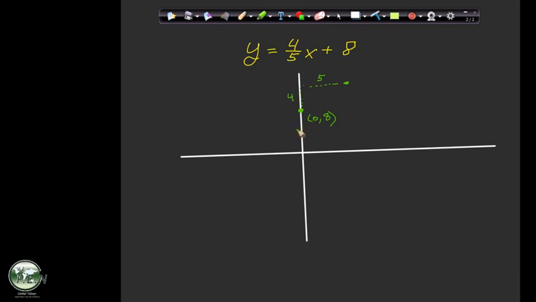How else could I have gotten another point? Down 4 and 5. I could have put a negative on each of these, so I could have also gone down 4, which would be about halfway there, and back 5. And you'll see these three points are still on the line, and then I can just connect them.